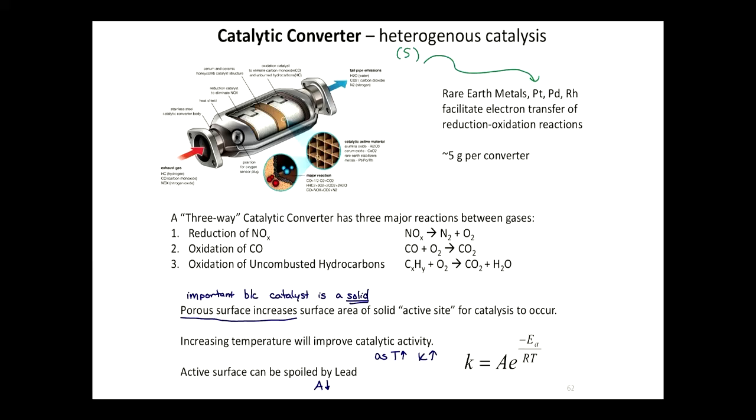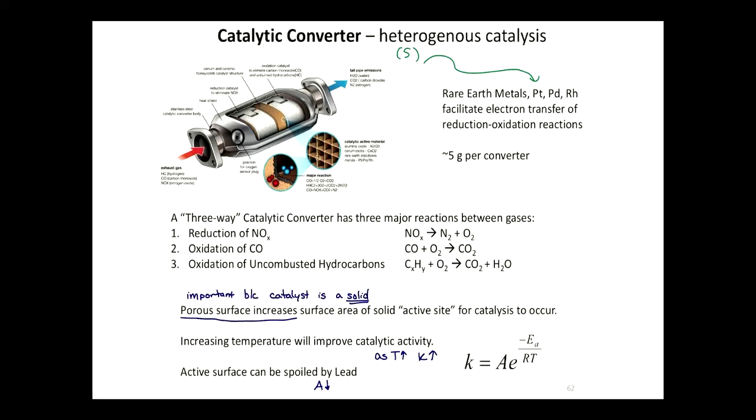What we also see in catalysts is that they will only improve reaction speeds, catalytic activities, at certain temperatures. High temperatures are when catalysts are most effective. Again, this has to do with the Arrhenius equation. High temperatures lead to faster reactions.